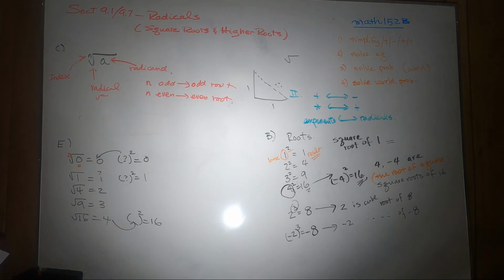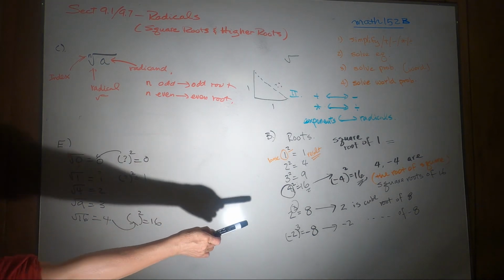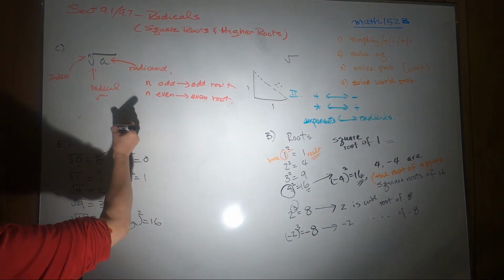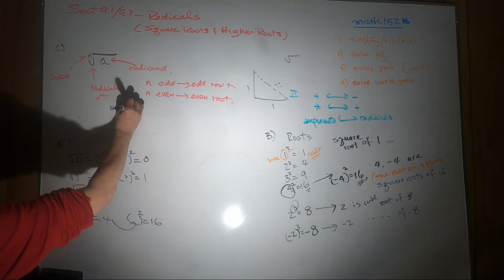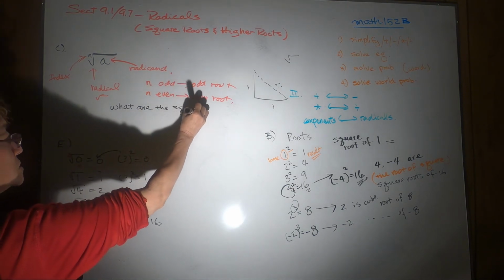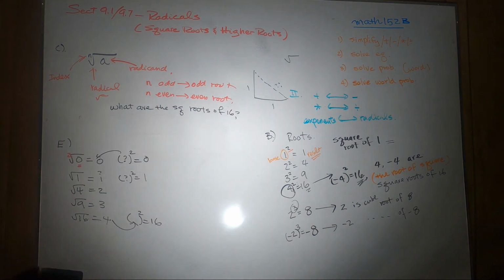When we write this way, just like we say, what's the root of square for 16? If we ask you, what are the square roots of 16? What's your answer?